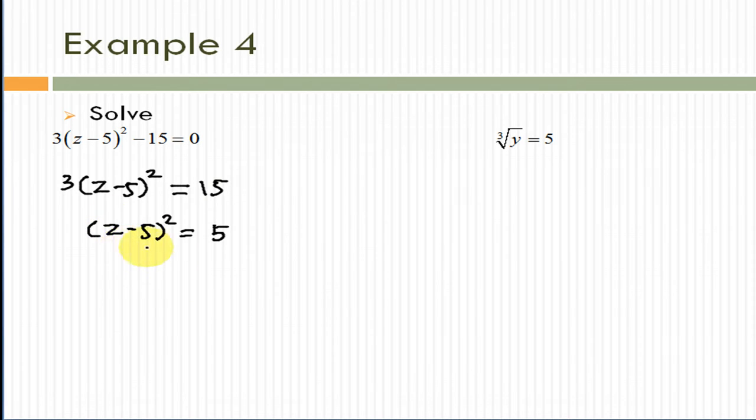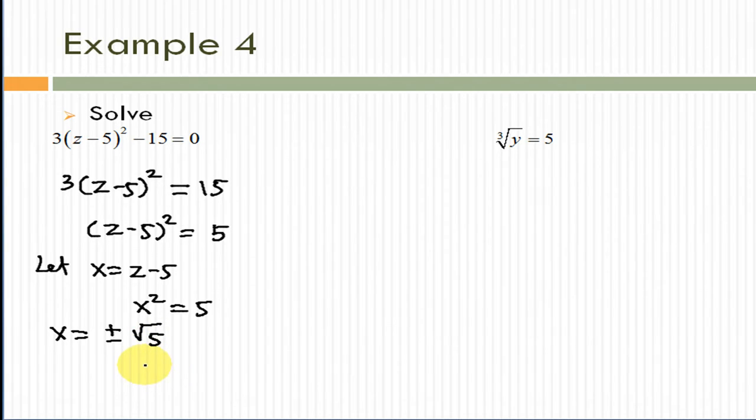Now if you think of this z minus 5 as an x, so let x equal z minus 5 at the moment, then we have the equation x squared equals 5. We just replace z minus 5 by x. And we know this equation has two solutions: x equals plus or minus the square root of 5.